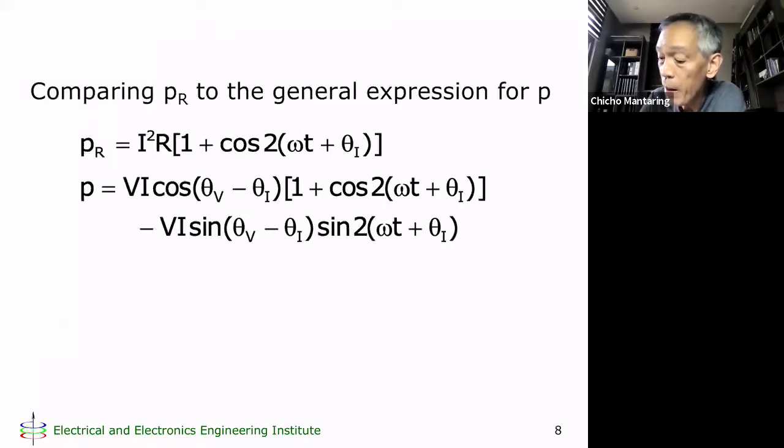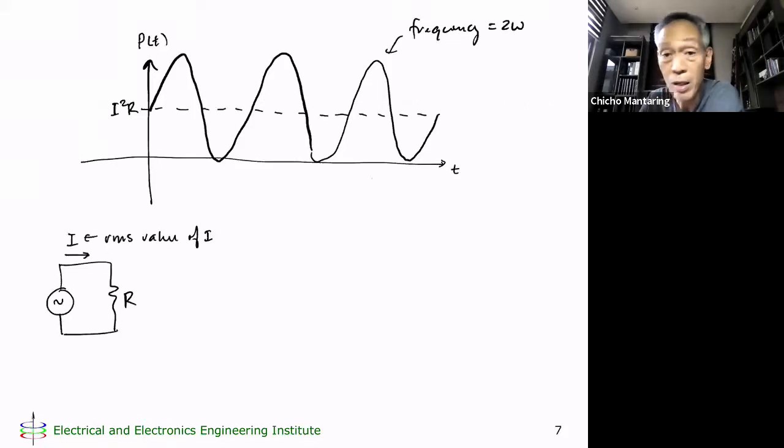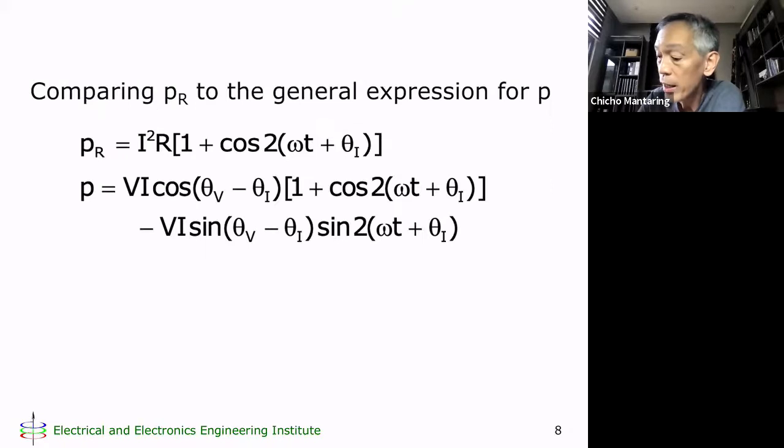I told you we would come back to this expression, so I said to set it aside. Let's compare this expression for power delivered to a resistor to this general expression for power that I earlier derived. Notice, this term and this term are the same.